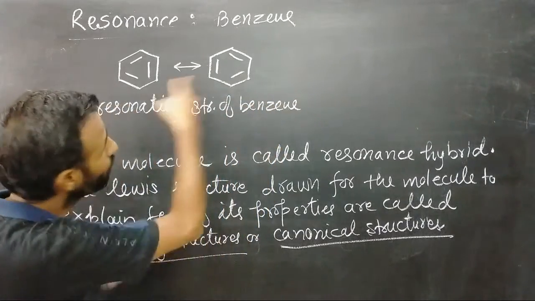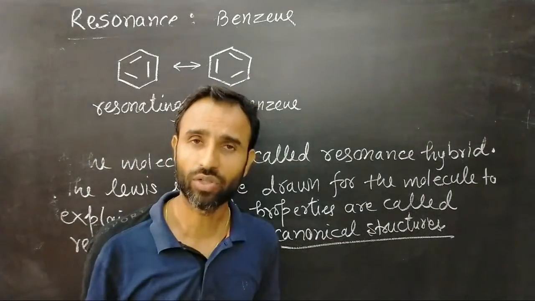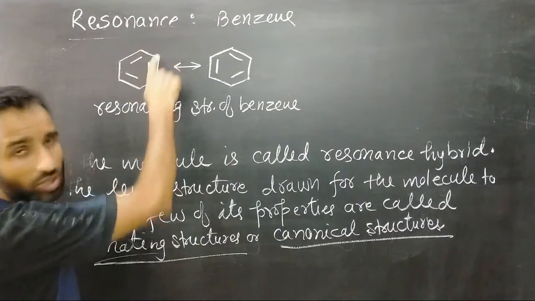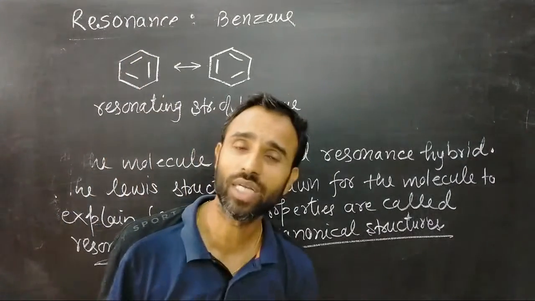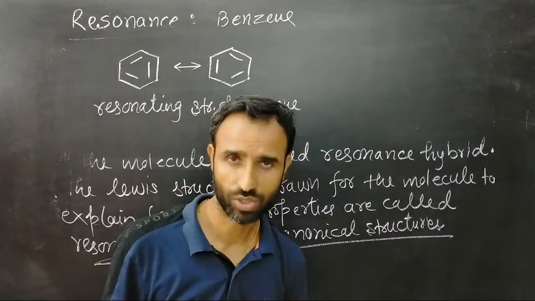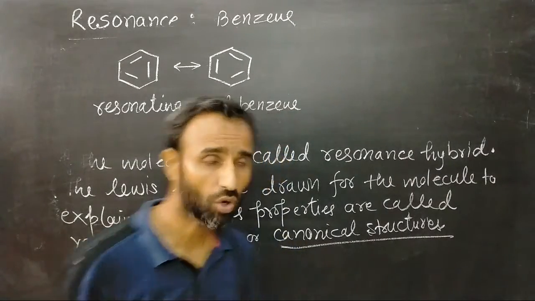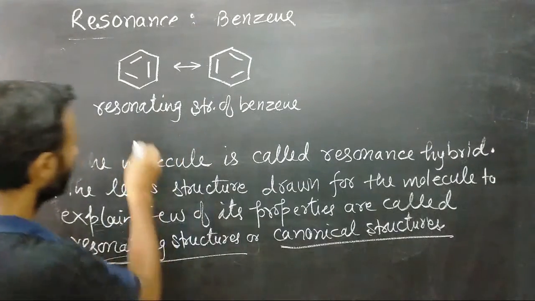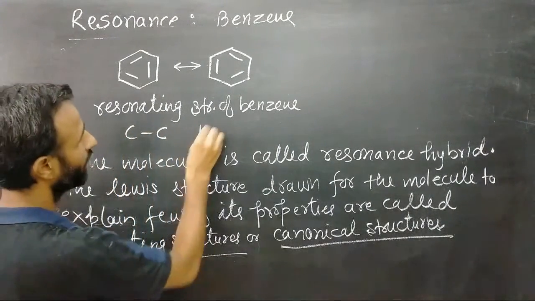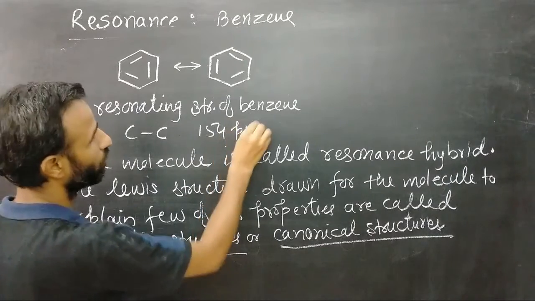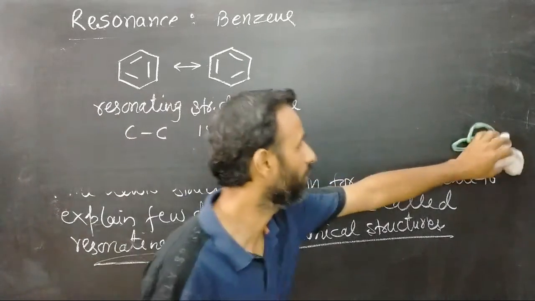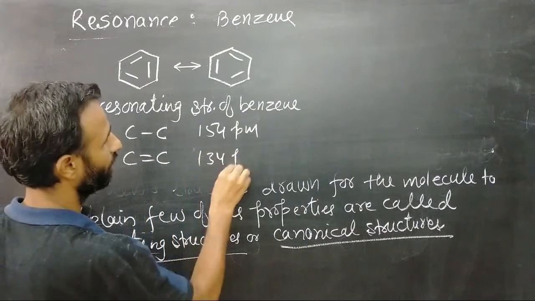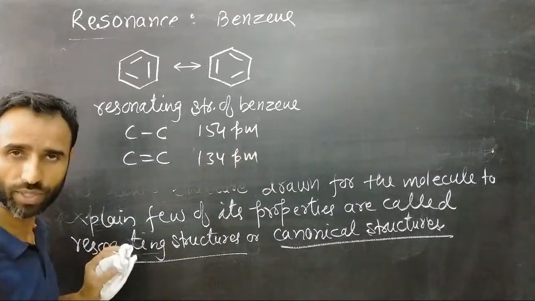Now look at these structures. In these two structures there are 3 carbon-carbon double bonds and 3 carbon-carbon single bonds. Am I right? So there are 2 types of bond lengths. Carbon-carbon single bond length is 154 picometer and carbon-carbon double bond length is 133 or 134 picometer.